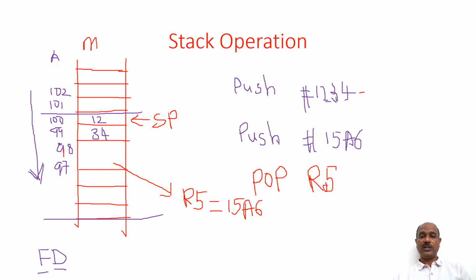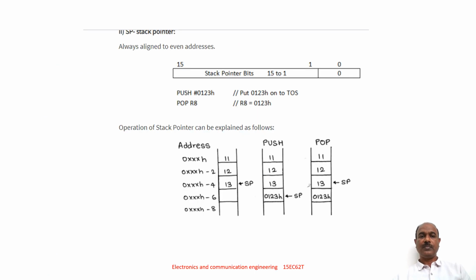So this is how the stack operations take place in the MSP430 microcontroller. One more example is given here. This is the stack, and this is the starting address of the stack. Already some numbers have been placed onto the stack, and the stack pointer is pointing to the current location. Now when I say push #0123, first the stack pointer will be decremented by 2.